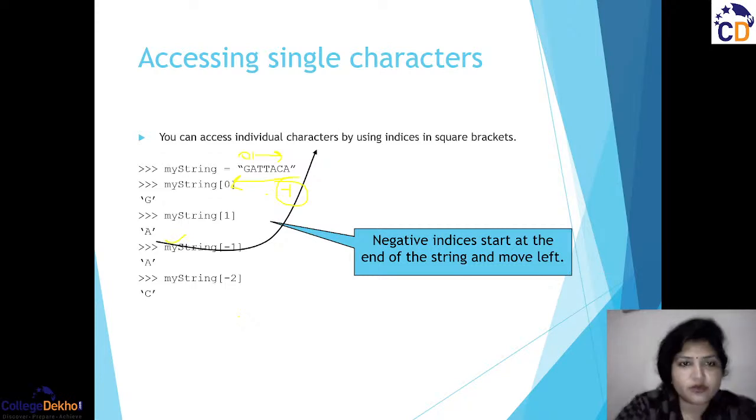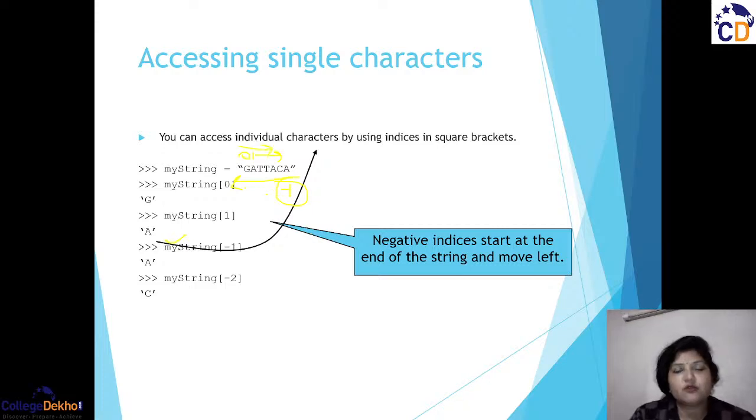With default indexing, it starts from the beginning of the string, with index 0. If you start from the right-hand side, with negative indexing, it starts from minus 1. So this is the difference: you can access from the left side, and you can access from the right side.